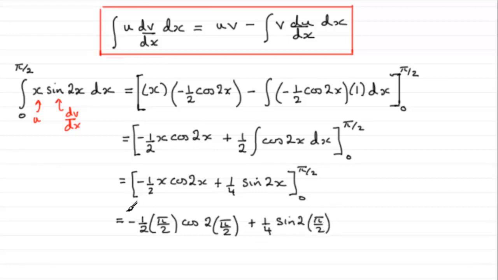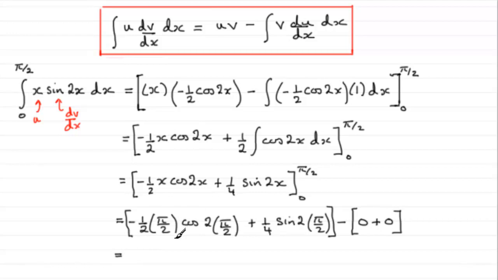So that's the first part when we substitute pi upon 2 in. Then we subtract what we get when we put 0 through. When you put 0 through, you can see this is going to be 0. 0 times anything is 0. And plus a quarter sine 2x. 2 times 0 is 0, and the sine of 0 is also 0. So we've got essentially 0 in the end there.